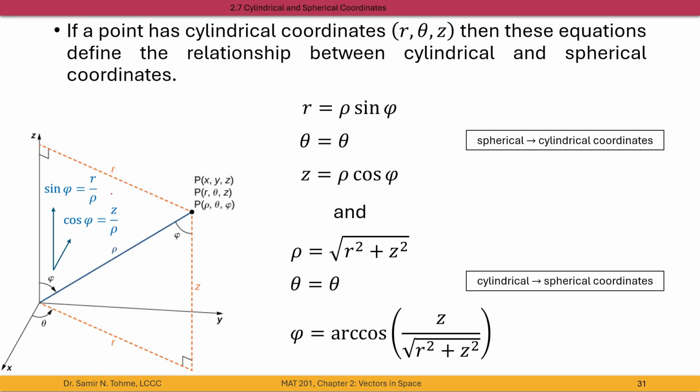We already did this one using this equation. Theta equals theta in both cases. It's the same angle in spherical and in cylindrical, because theta in both coordinate systems is the angle between the x-axis and r, and z can be found from this equation.